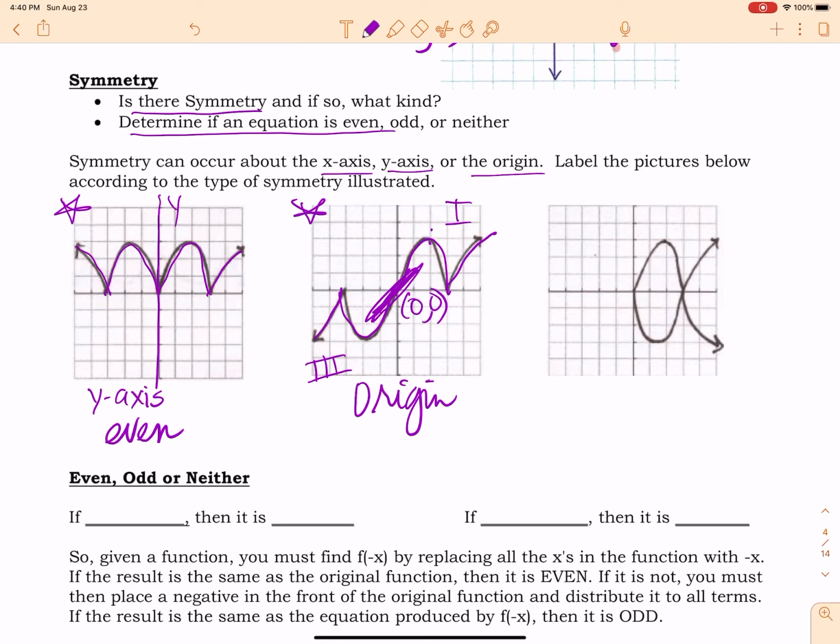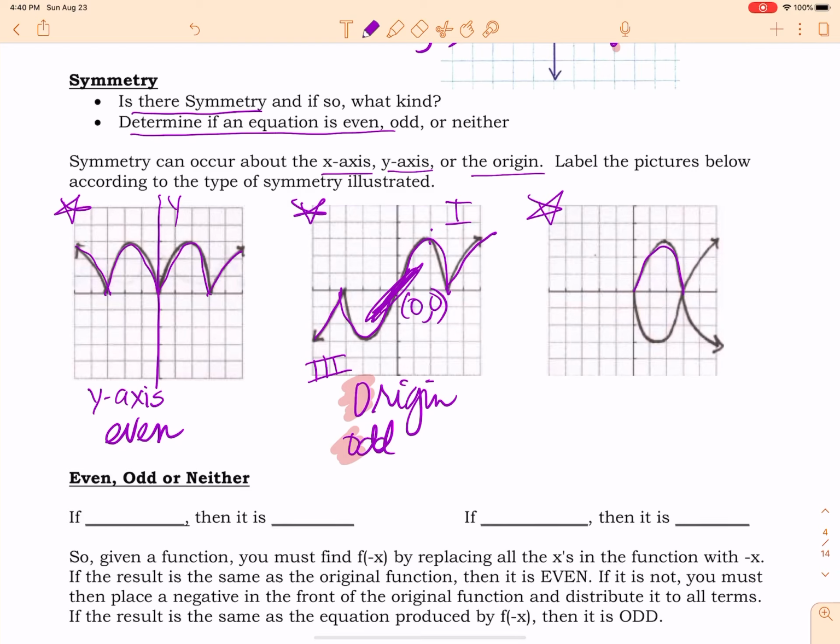So when we have origin symmetry, the function is said to be an odd function. So when you're physically looking at it, if it reflects over the origin, then the function is said to be odd. And an easy way to remember: there's an O for origin, there's an O for odd. Great fun. Okay, now look at this third example.